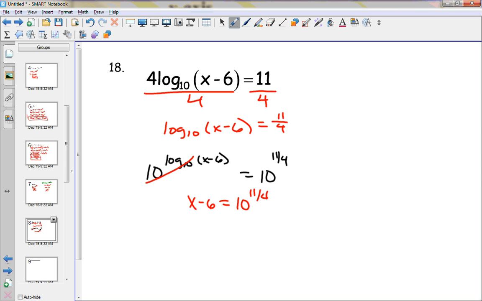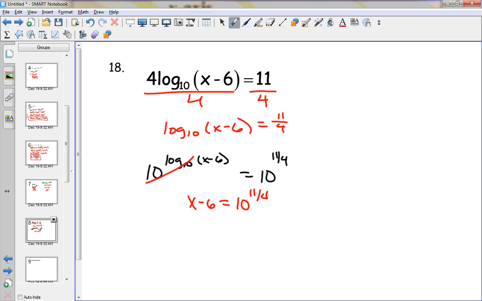Okay? This is what I showed you yesterday, moving from one side to the other. Now, what Alec is doing in his head is he's saying, well, this is just easier, right? It's an exponential function. The base is 10, 10 to the power of 11 fourths is equal to x minus 6. It is. But what we learned yesterday was how to get rid of them: exponential functions and logarithms are inverses of each other, so that's how you get rid of them.